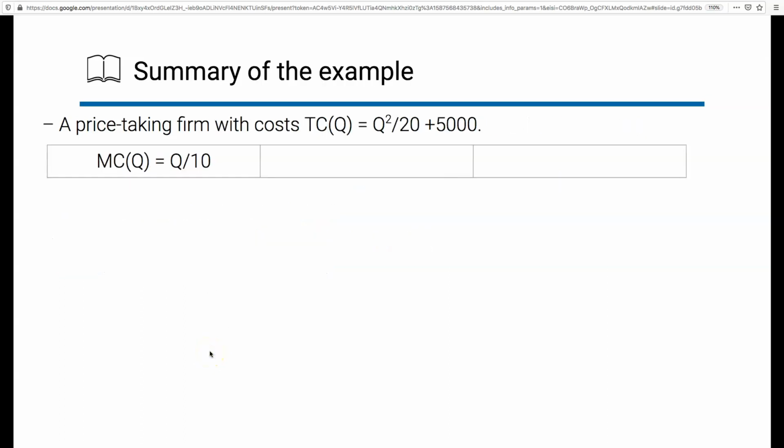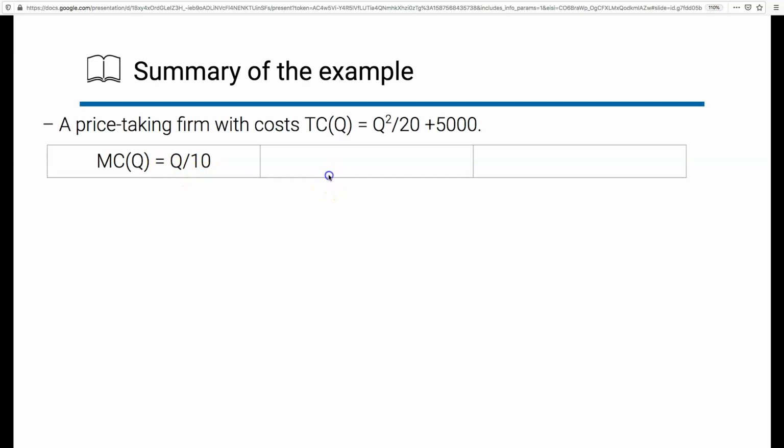Now, the next thing that I would like you to do is calculate all the costs that I was talking about for the total cost equation that I used in my example and graph them so that you will also get a graphical explanation of what is going on. So with the total cost of q squared over 20 plus 5,000, you'll get marginal cost of q over 10.